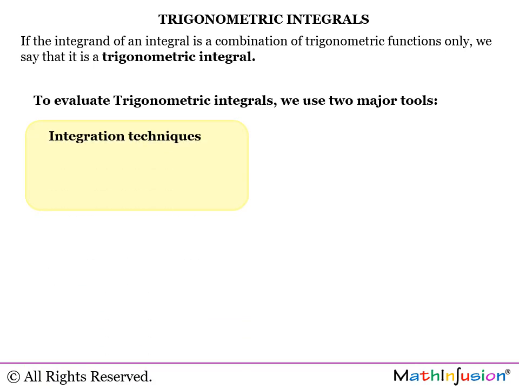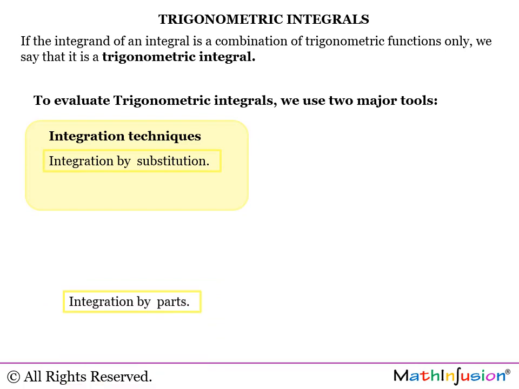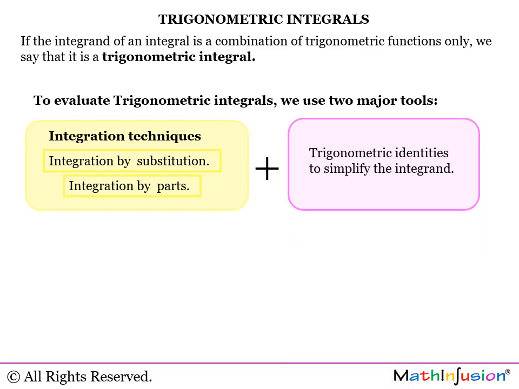The first one is integration techniques, for example, integration by substitution or integration by parts. But in addition to that, we have trigonometric identities, so we can really manipulate the integrand in many ways just using trigonometric identities. And as you know, we have many of those.